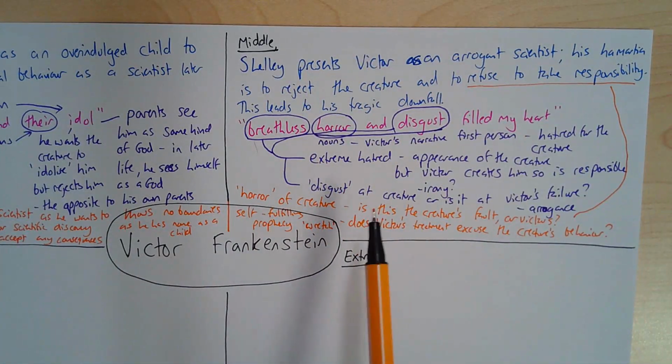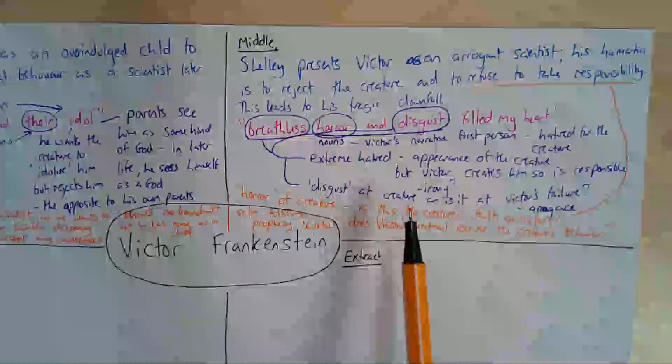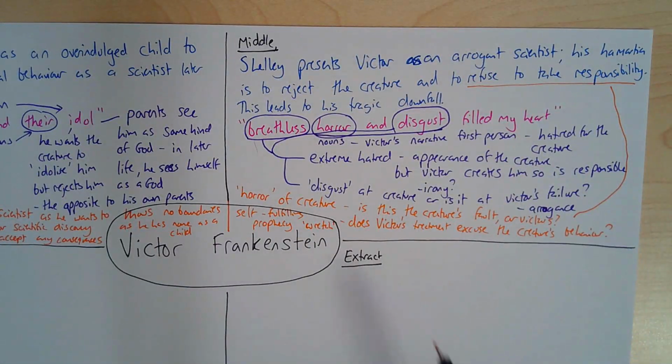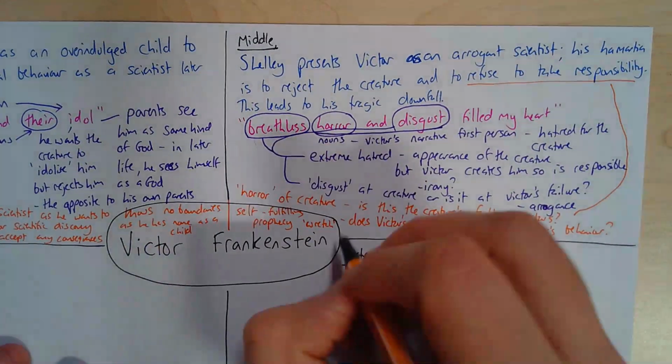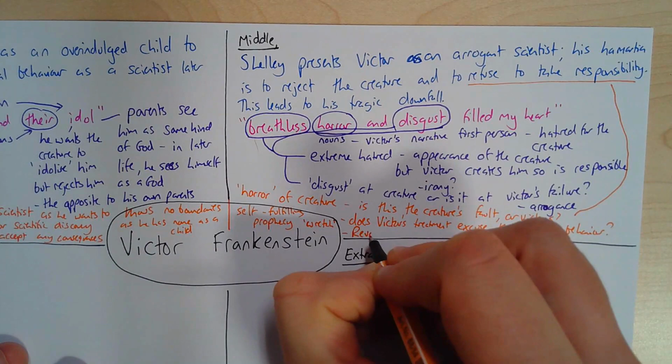Shelley's not trying to present it as an excuse, but what she's trying to say is that there are people in society who have suffered, who do continue to suffer, and it's a result of other people's behaviour, not so much their own. And this ties into this idea of revolution as well.